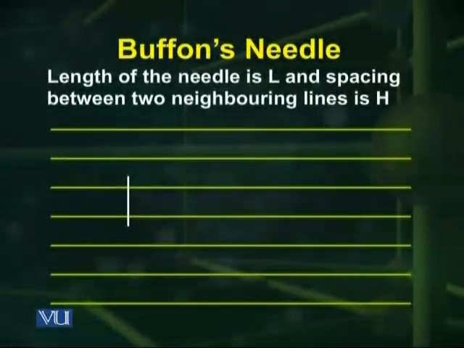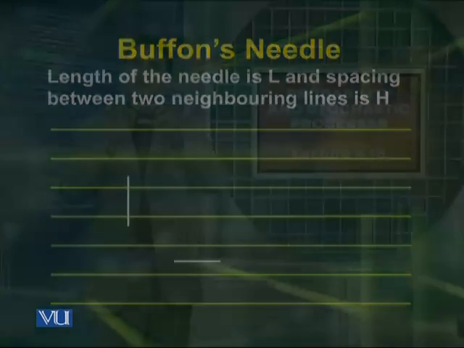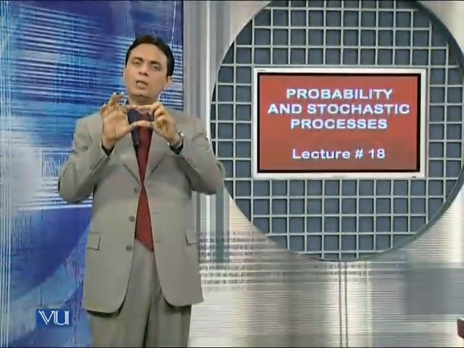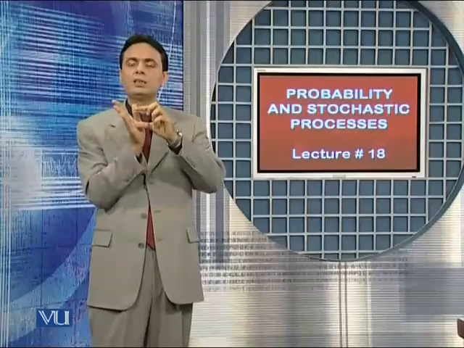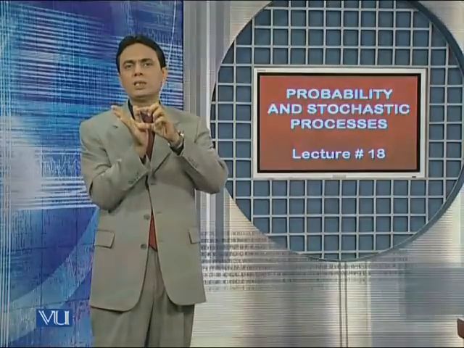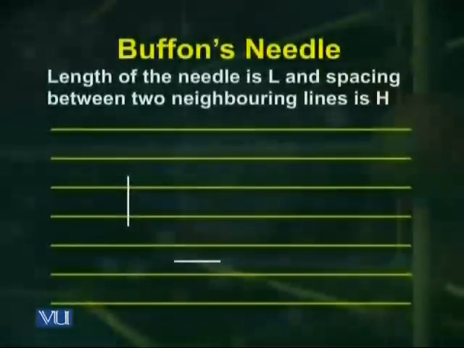Suppose there is a horizontal line which is closer to this needle, and the needle has a distance of say x from its center to the nearer line. So x is the distance from the center of the needle to the line which is closer to it. And the needle is lying with such an orientation that it is making an angle theta with respect to these lines.